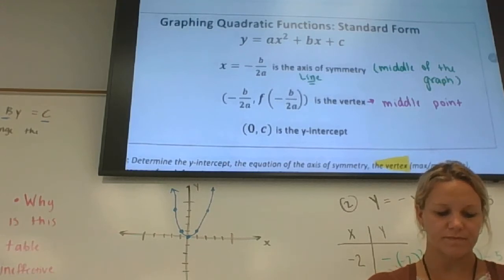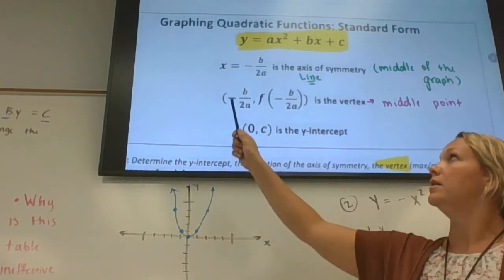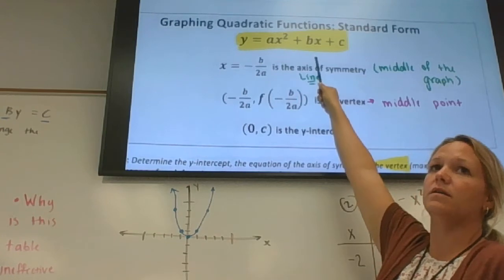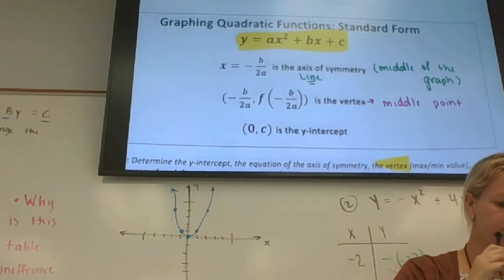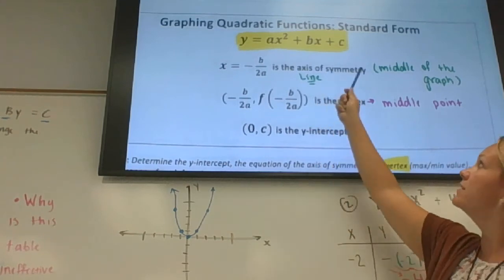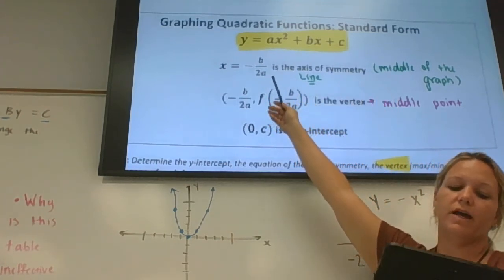Again, this is what a quadratic looks like. We call the number in front A, we call the number in the middle B, we call the number at the end C. So the middle of the graph, what I just told you about, is found by doing negative b over 2a.